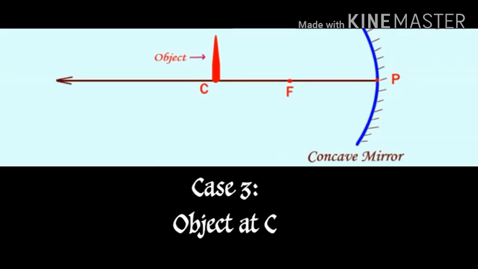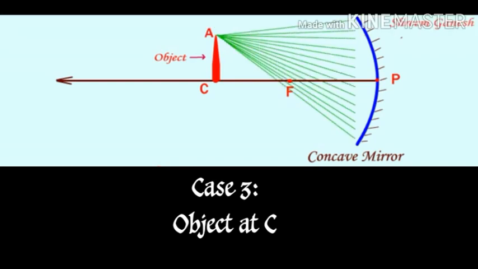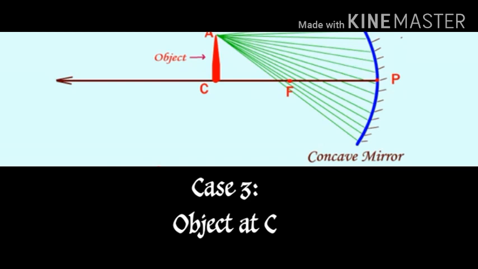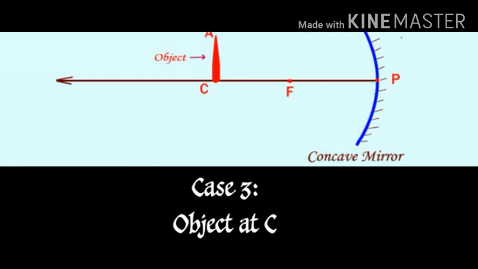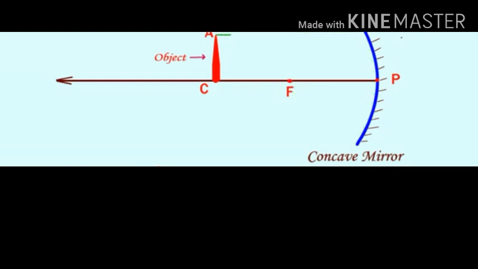Case 3, object at the center of curvature. When we place an object at the center of curvature of a concave mirror, consider the object and two light rays from the topmost point of the object, with the bottom point on the principal axis. The first one is parallel to the principal axis, and after reflection it will move through the focus.